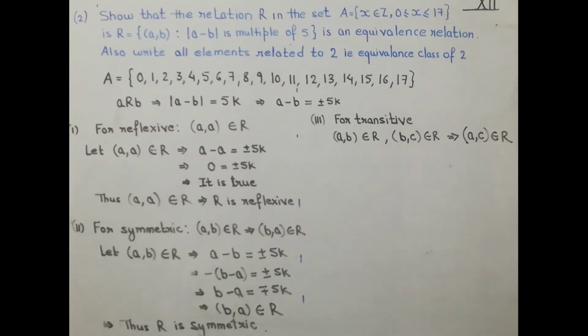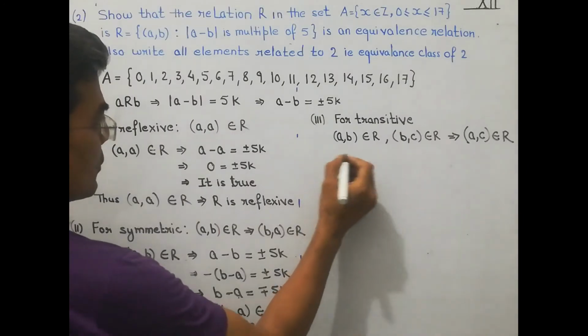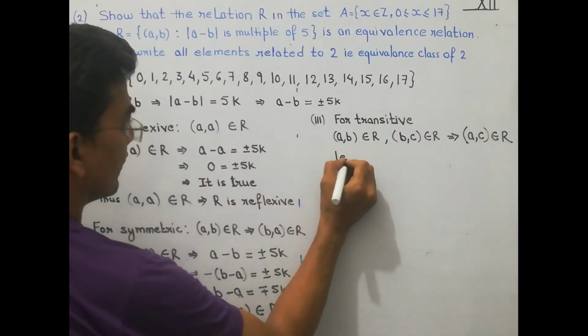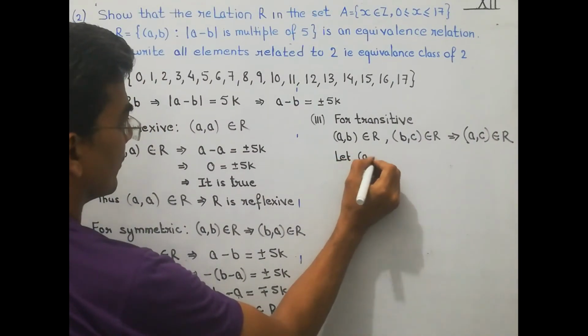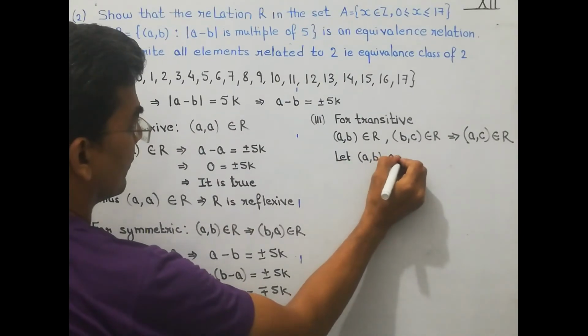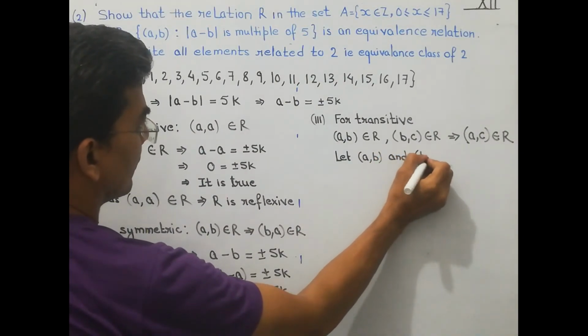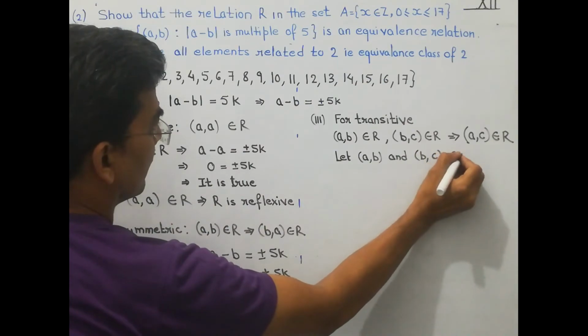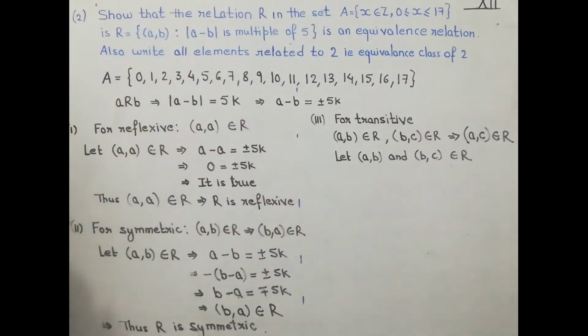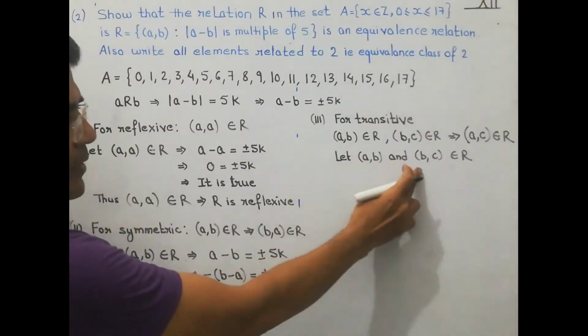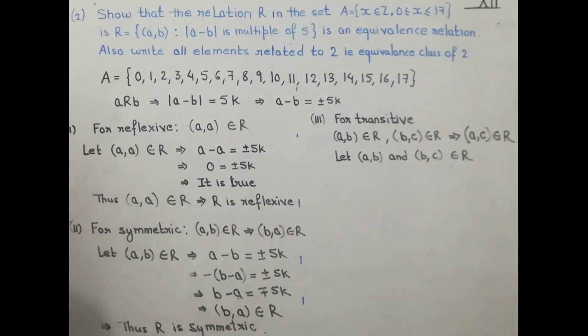Okay, now let's prove this definition here. So let (a, b) and (b, c) belong to R.